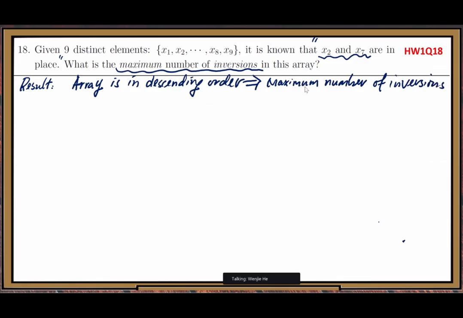Good. And you know how to calculate, right? The maximum is n(n minus 1)/2, with n equals 9, 9 elements. So we have this result.